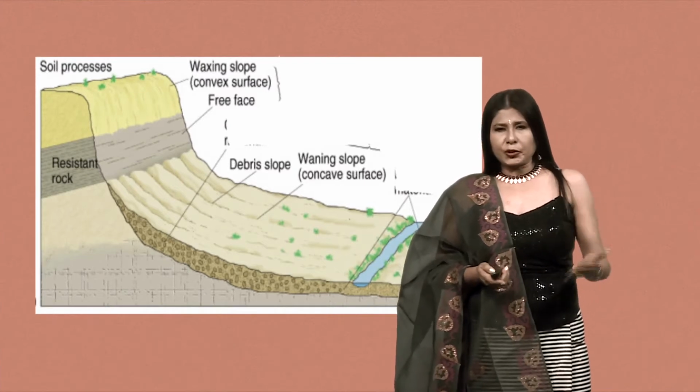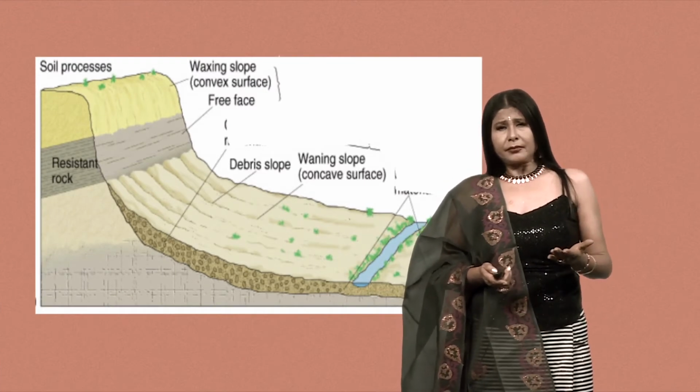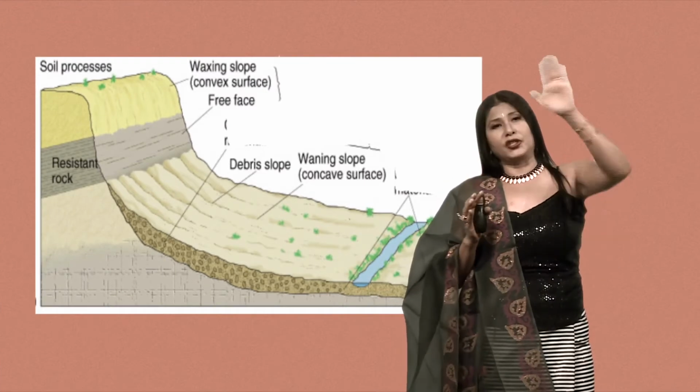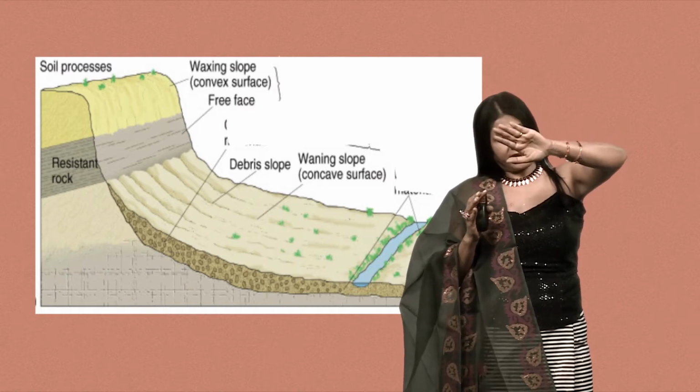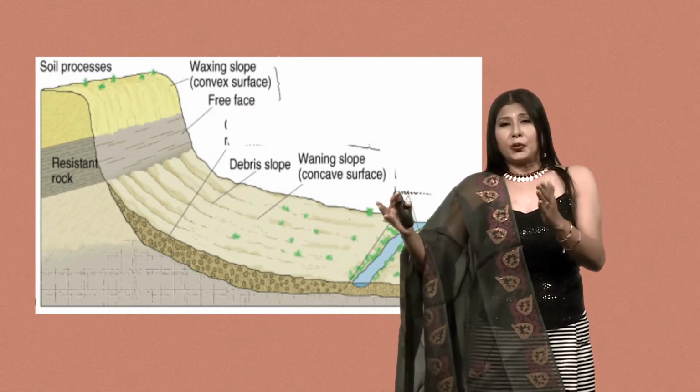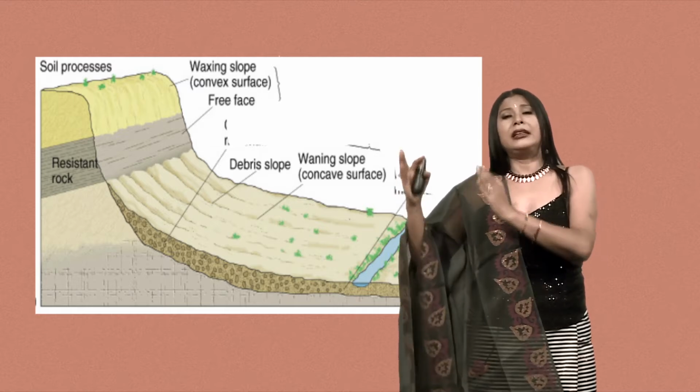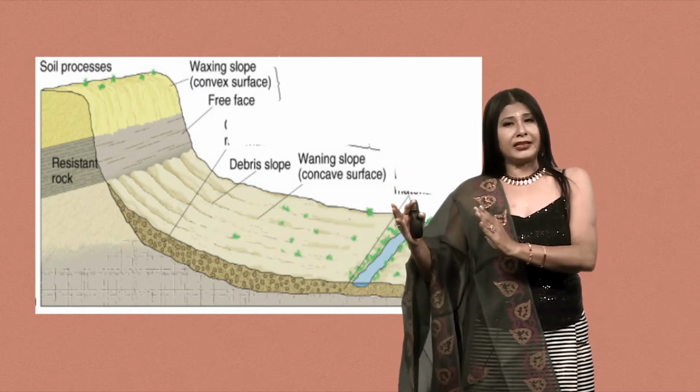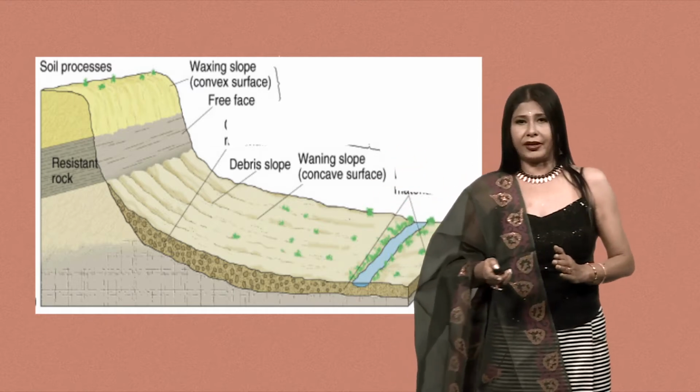Such kinds of pictures we will get plenty. It always involves a top flat area, a steep cliff area, a middle transportation slope area, and finally the area where deposition takes place, which is always near a base level.